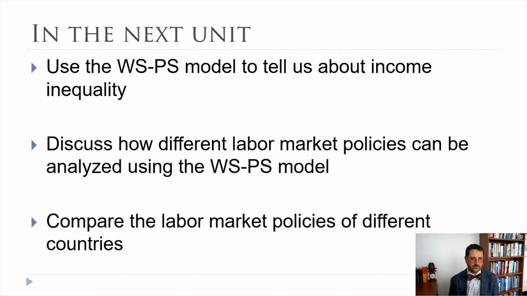We'll analyze different labor market policies in the model, and also look at data to see when the model seems to explain the data, but also times when it doesn't. We can compare the labor market policies of different countries to understand why some countries seem to have higher versus lower unemployment rates or higher versus lower wages.